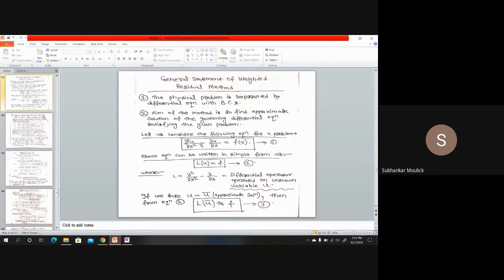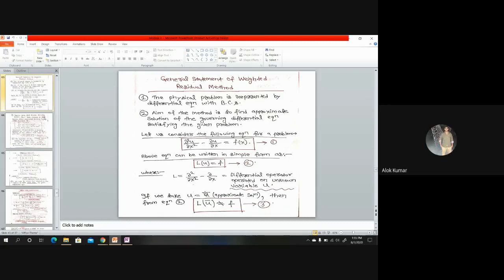I can also write this differential equation, that is equation number 1, like this: Lu is equal to F. What is L? L is nothing but del square by del x square minus del by del x. This is known as the differential operator, which I have operated over the variable u.